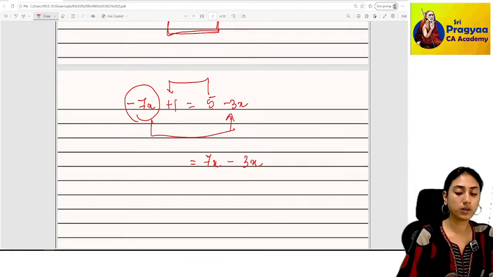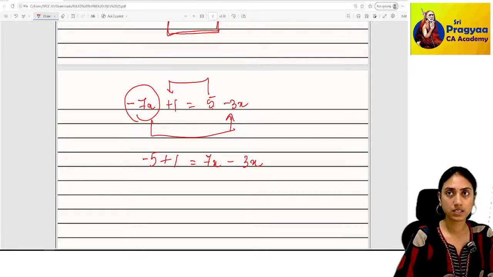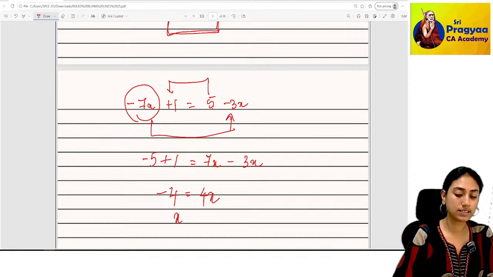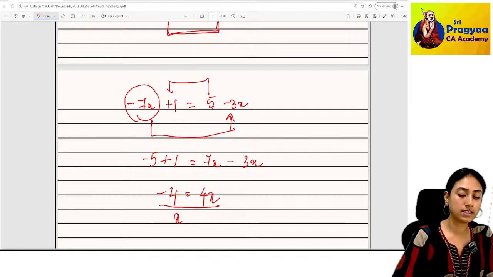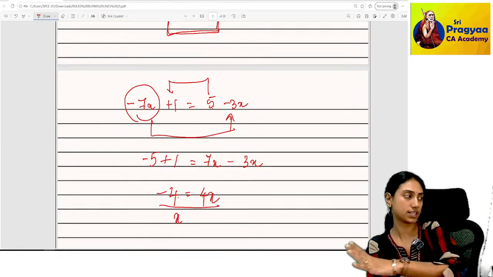So here, when I take the 5 to the LHS, this will be rewritten as minus 5 plus 1, which is minus 4, is equal to 4x. So far we had done plus and minus operations. Here what we have is minus 4 is equal to 4x.